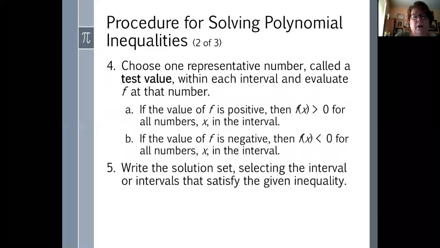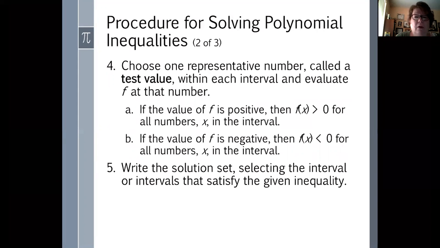Step 4, you're going to choose one representative number called a test value within each interval, and you're going to evaluate the function f at that number. So just pick any number that's in that interval, test it, and see what happens.